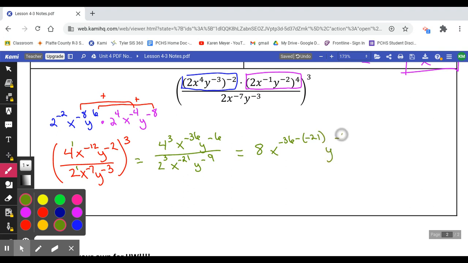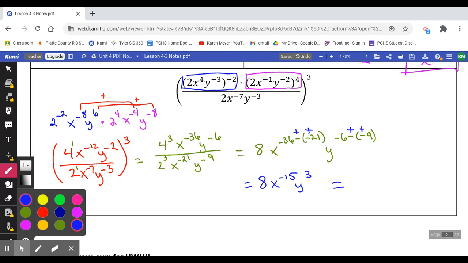And for y, negative 6 minus negative 9. Minus negatives are going to switch to positives. So we're looking at 8. And then negative 36 plus 21 is x to the negative 15th. And for y, negative 6 plus 9 is y to the third.